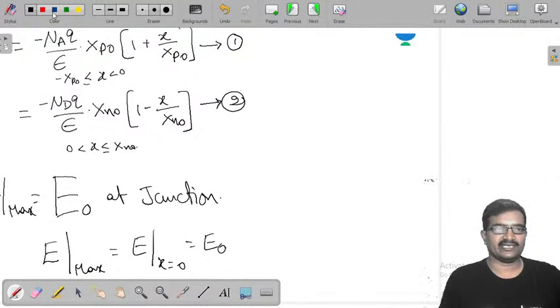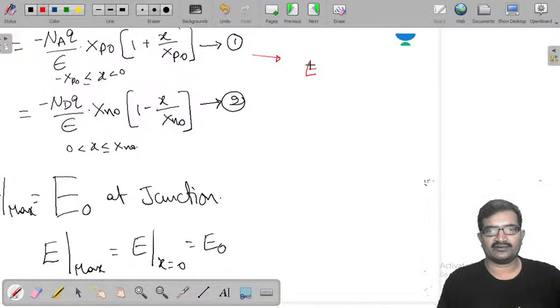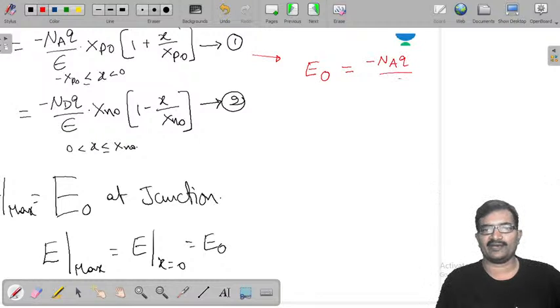Now E is equal to E naught. First from this equation, E equals E naught equals minus Na into Q by epsilon into x p naught into 1 plus 0 by x p naught.